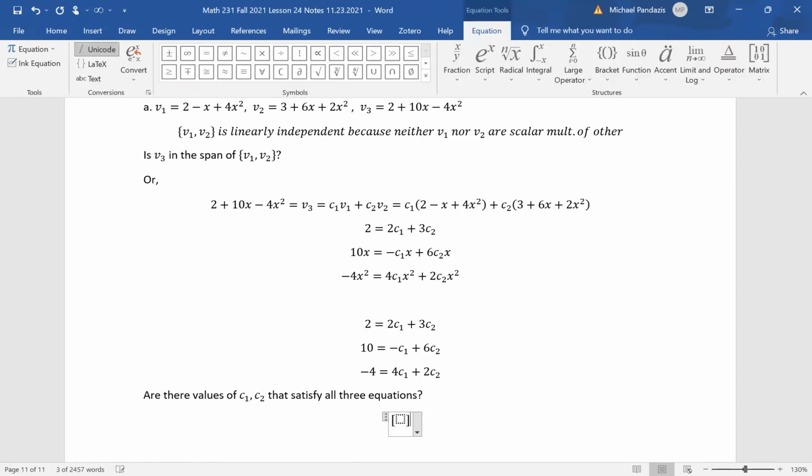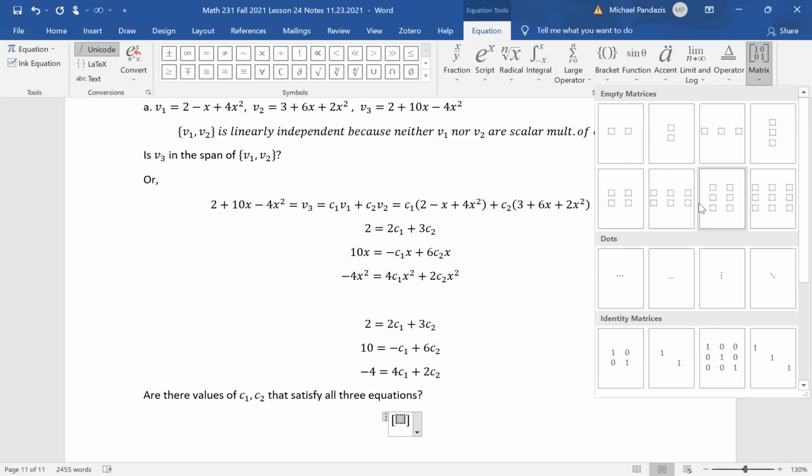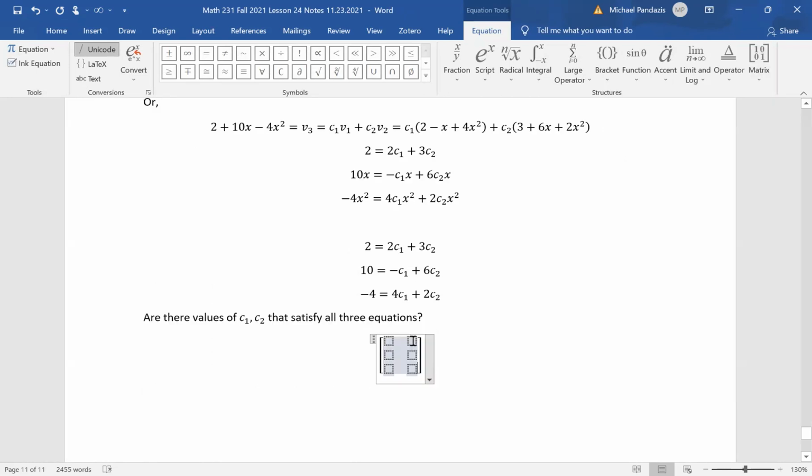Correspondingly, you have three equations, two unknowns. So you have 2, 3, negative 1, 6, 4, 2.